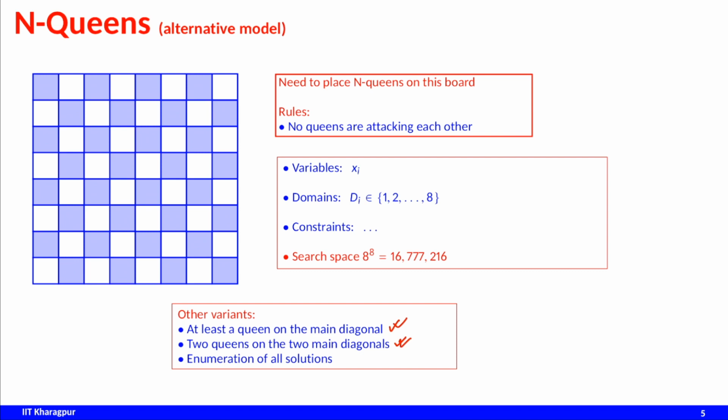So there is an additional constraint. And then another interesting problem is how to enumerate all possible solutions. So all these problems can be modeled in CSP. So for the first two problems, the only thing you have to do is add a few extra constraints, but we will see how we can enumerate all solutions at a later stage.